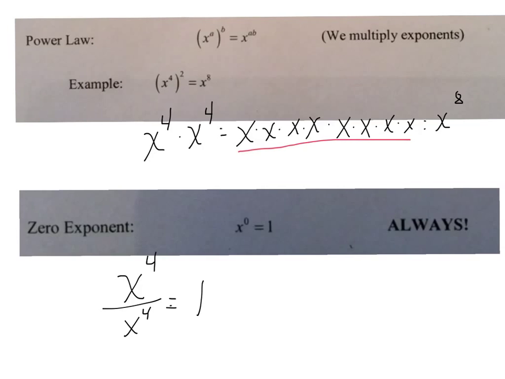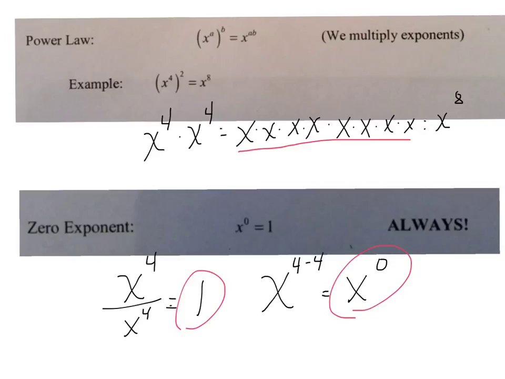I can also look at it this way. Through the division rule, x to the 4th divided by x to the 4th would give me x to the 4 minus 4, which is x to the 0. But I already know it's equal to 1. And so if these are truly going to be equal to each other, then the definition says anything to the 0 power, or x to the 0 power, must be 1.